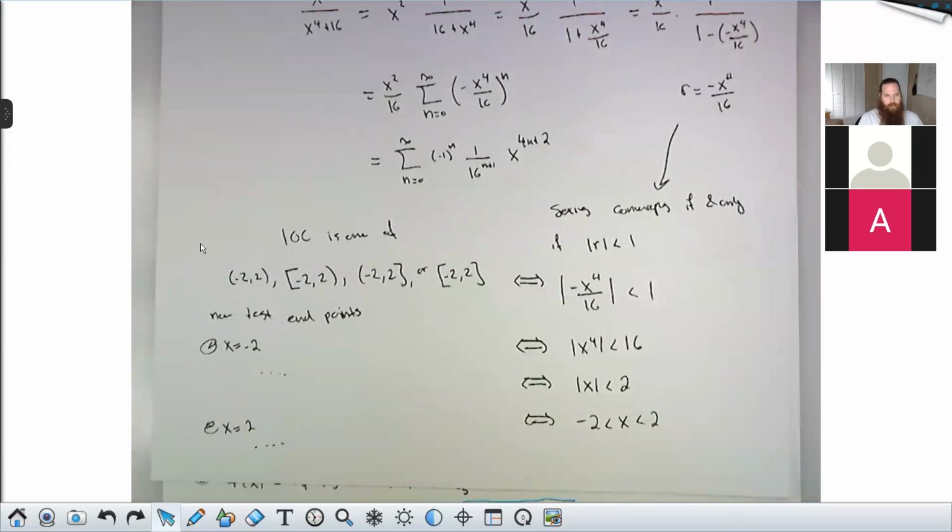So you know your interval of convergence is one of these, and then you take both 2 and negative 2 and plug them in for x here. If that series converges at both 2 and negative 2, then this would be your interval. If that series diverges when you plug in both 2 and negative 2, then this would be your interval. If this series converges when you plug in positive 2, but diverges when you plug in negative 2, this will be your interval.